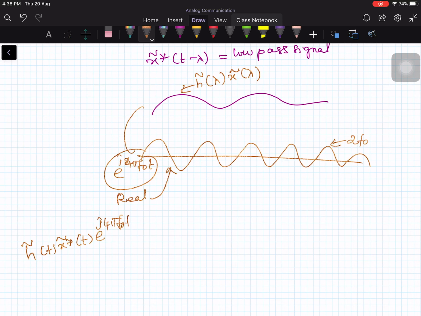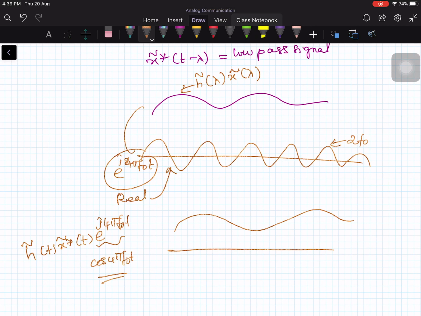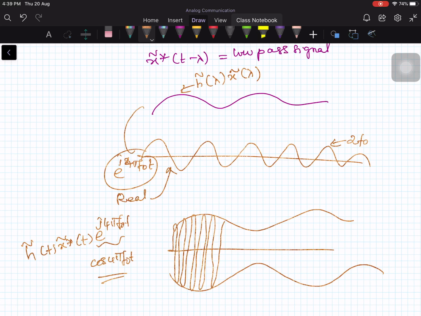You take the real part of that, then you will get a cos of 4 pi f naught t, just for the sake of argument. So therefore what happens? You have a slowly varying signal like this, and here there are many cycles like this. I did not draw the figure very clearly, please bear with me.